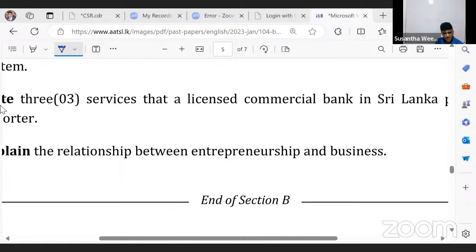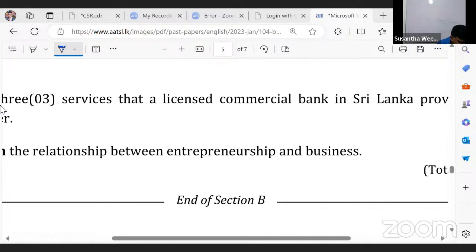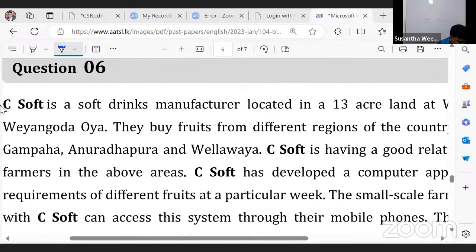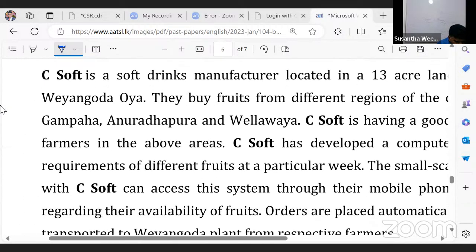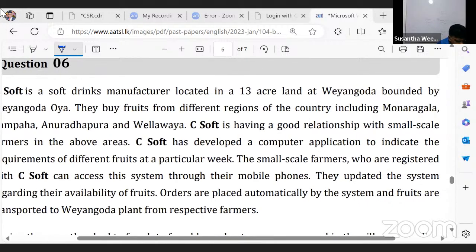And he's making many decisions to mitigate the risk, right? That we can understand. This you have to explain up to a certain level, right? The relationship between entrepreneurship and the business.